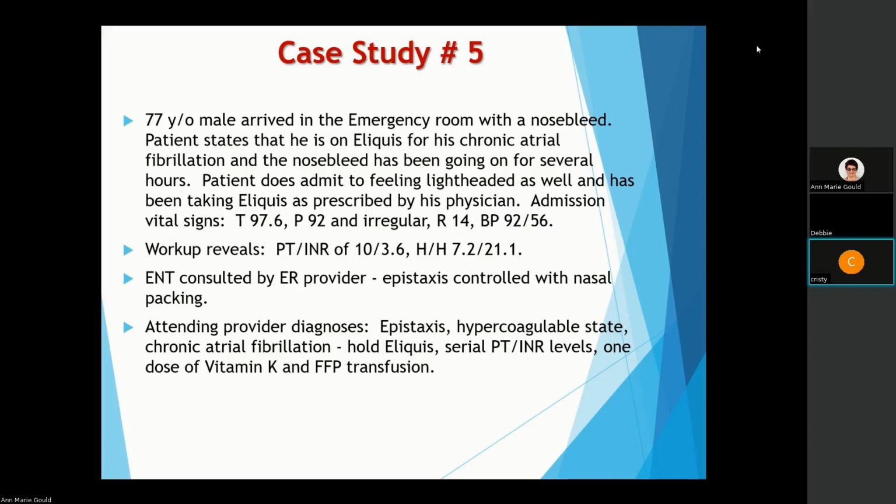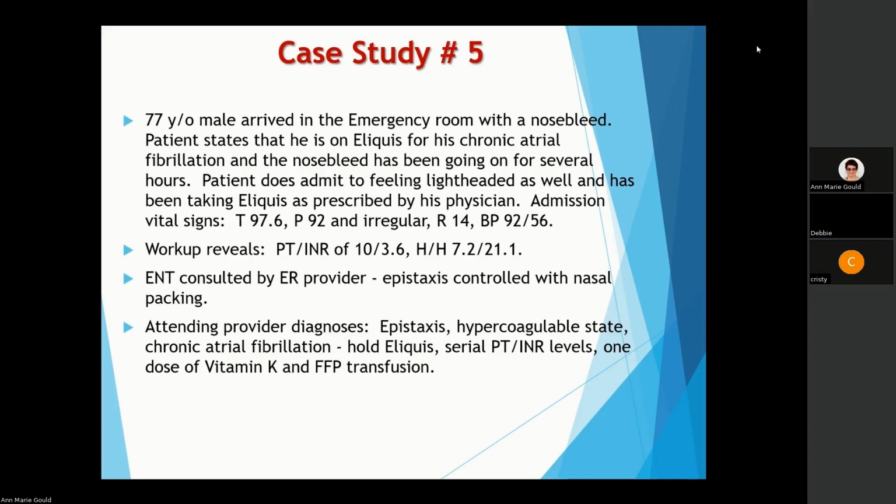Workup reveals PT/INR of 10 and 3.6 and H&H of 7.2 and 21.1. ENT consulted by ER provider, epistaxis controlled with nasal packing. Attending provider diagnosis: epistaxis, hypercoagulable state, chronic AFib, hold Eliquis, serial PT/INR levels, 1 dose of vitamin K, and fresh frozen plasma transfusion. So what is our diagnosis here?